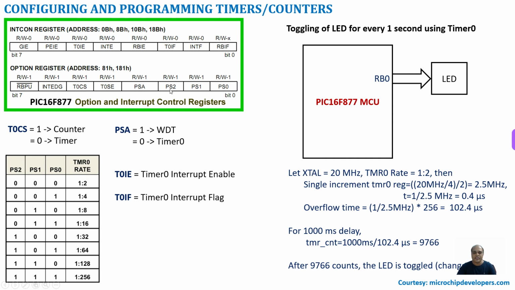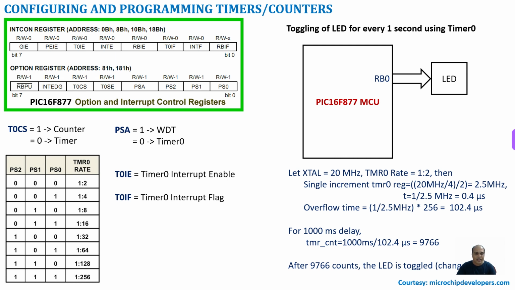Then I have these 3 bits PS2, PS1, PS0. This determines the rate at which our incrementation happens. So here I show a table of PS2, PS1, PS0. If it is 0, 0, 0, then the timer 0 rate will be 1:2. 1:2 in the sense, when I connect a 20 MHz crystal, it is internally divided by 4, it becomes 5 MHz.